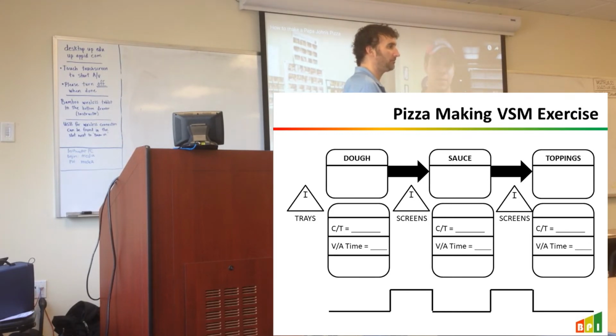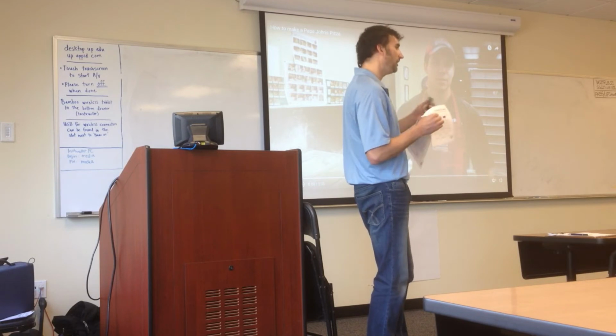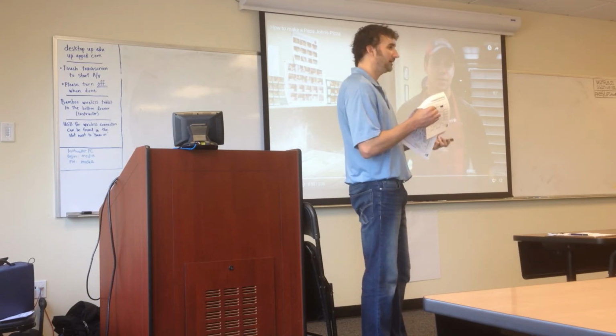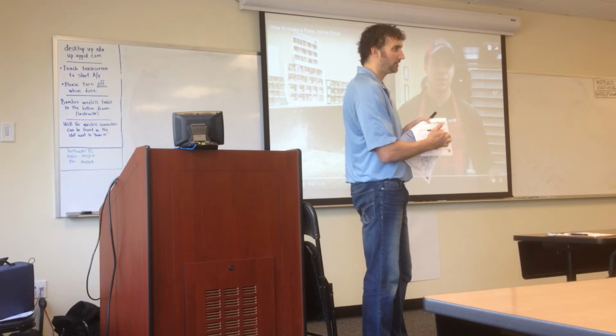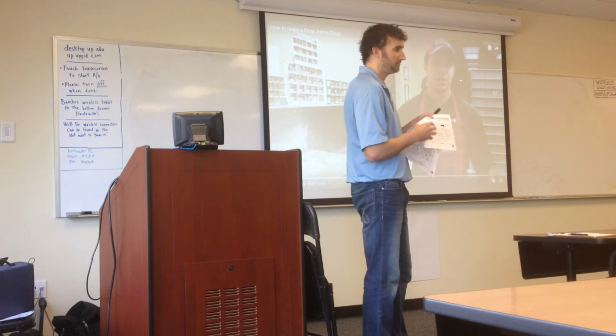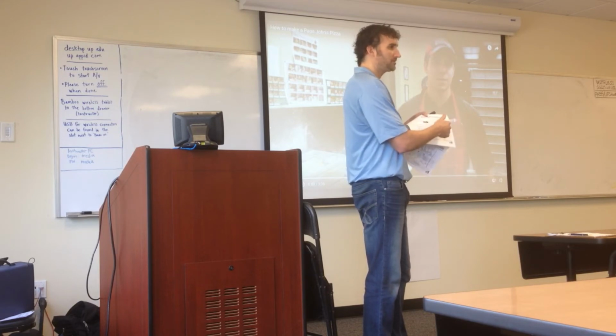Not all 3 of them. The first one would be dough. The second one will be sauce. And the third one would be toppings. And you might look at this video and say, oh, I would have separated those a little differently. And so that's what the second section in here would be, an explanation of what is done in those steps. If there's confusion about, is that part of the dough process or the sauce process?